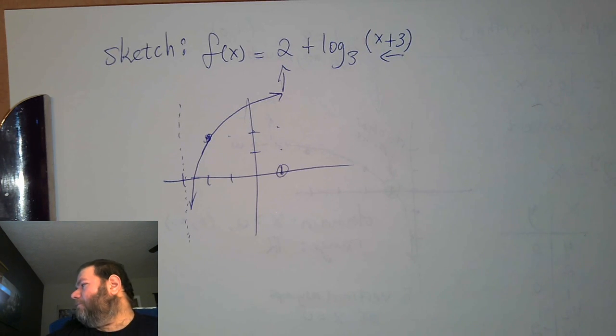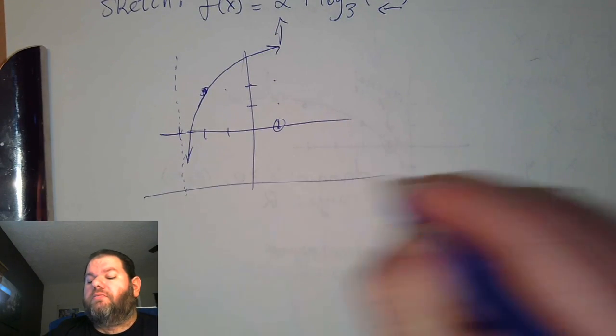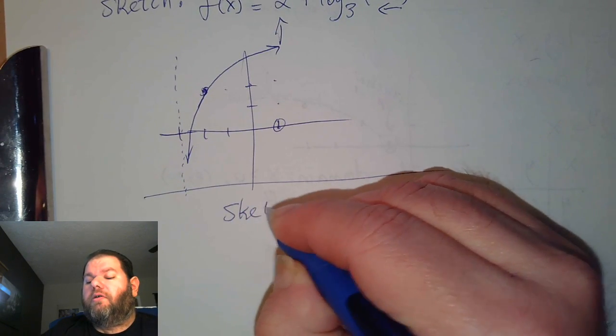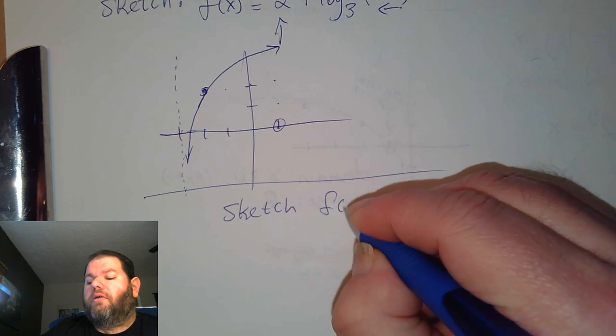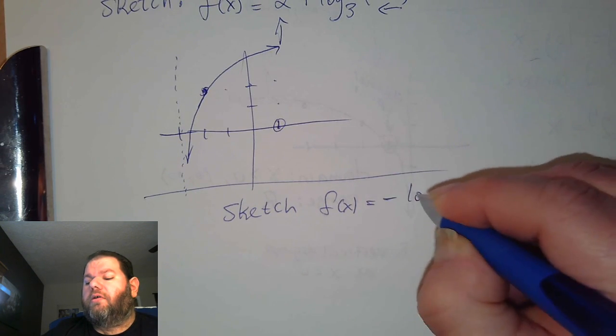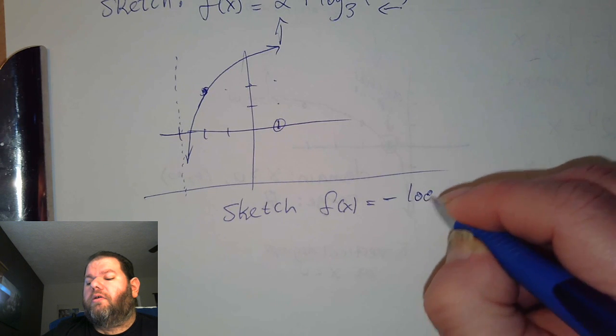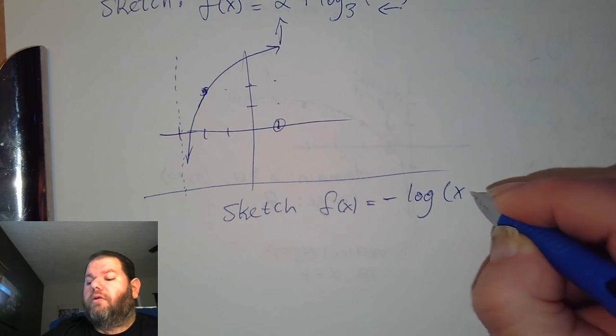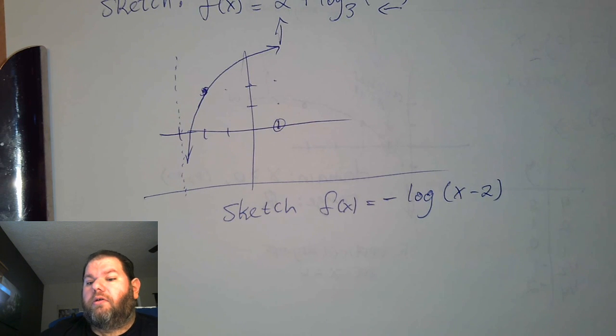Okay. That's what every log curve looks like, is up and over. It's actually a rotated exponential curve, is the connection.